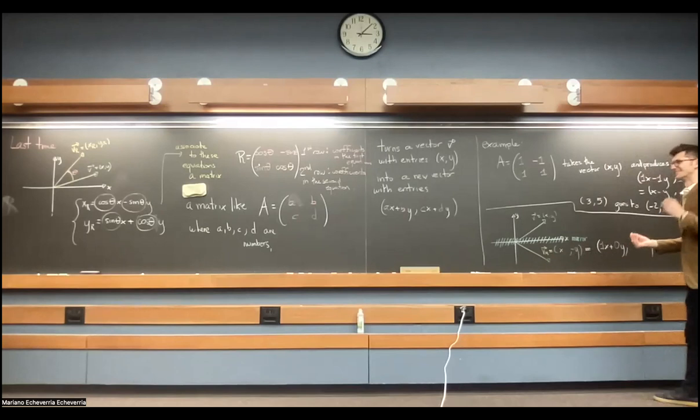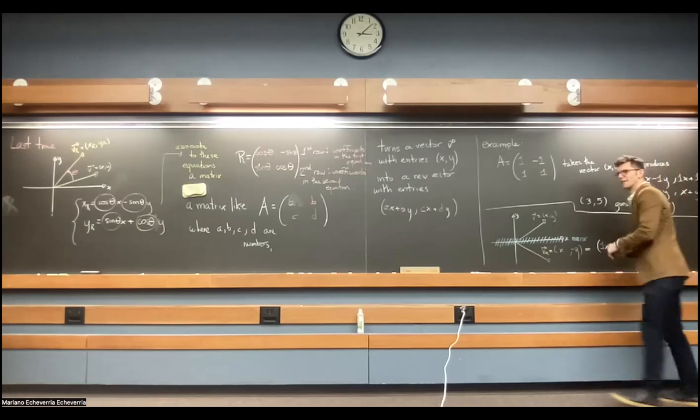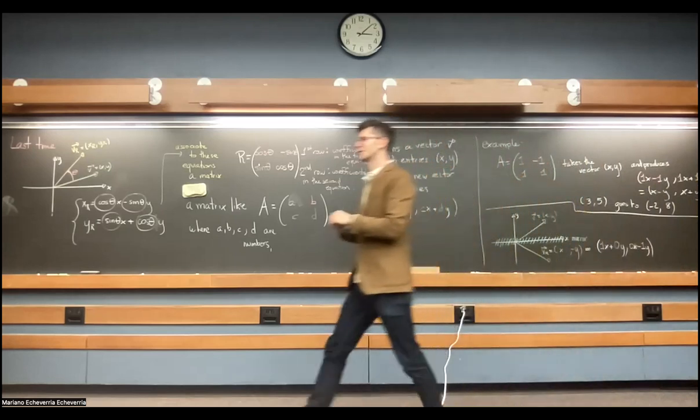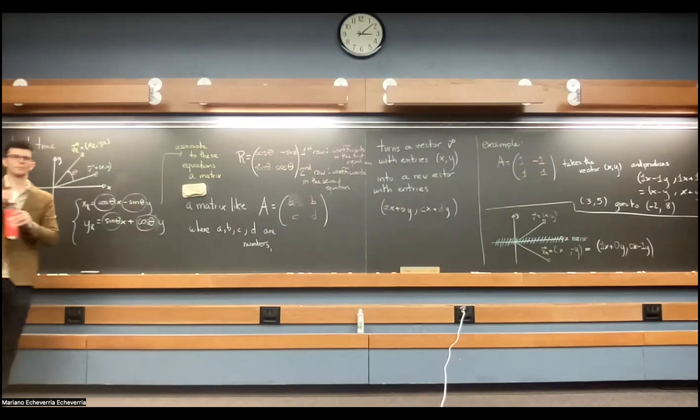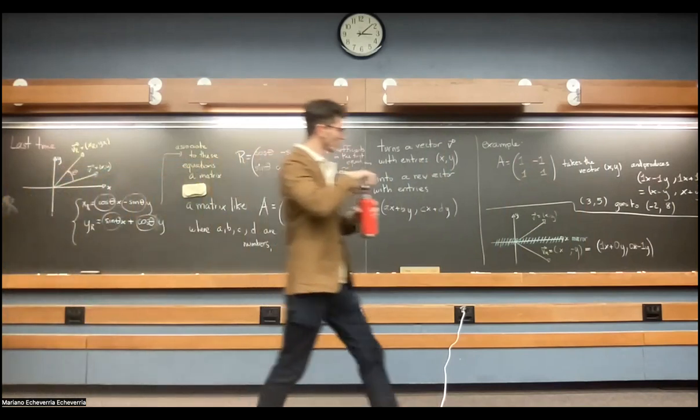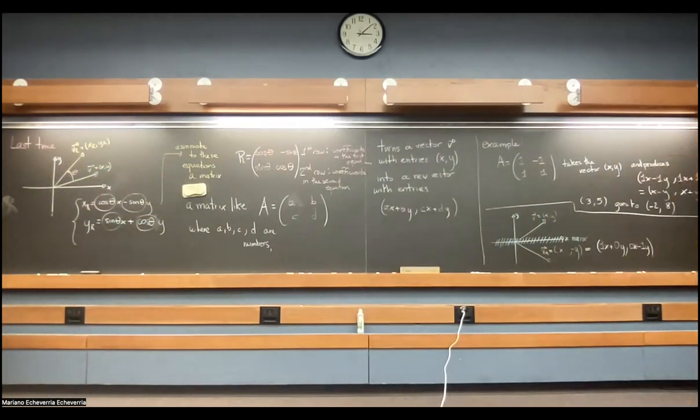Negative y is 0x minus 1 times y, right? Let me give you a second to copy this. Is that okay?